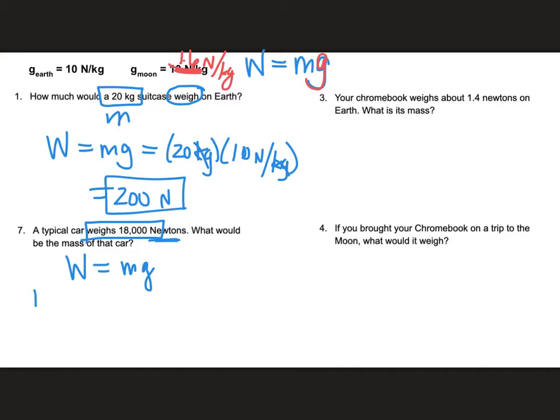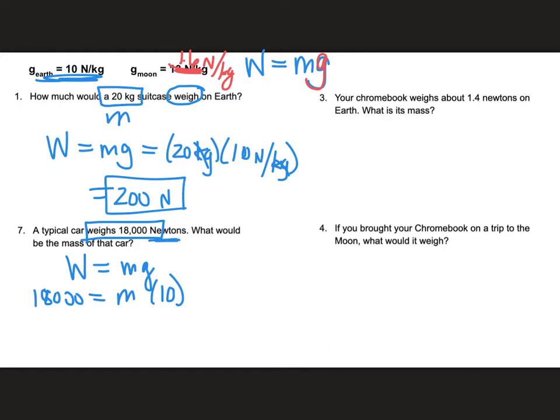So we'll put the 18,000 in over here, and we'll leave the m as a letter. And again, we'll put our 10 in there for little g. That is the strength of gravity on the Earth. So now I need to do a little bit of math.